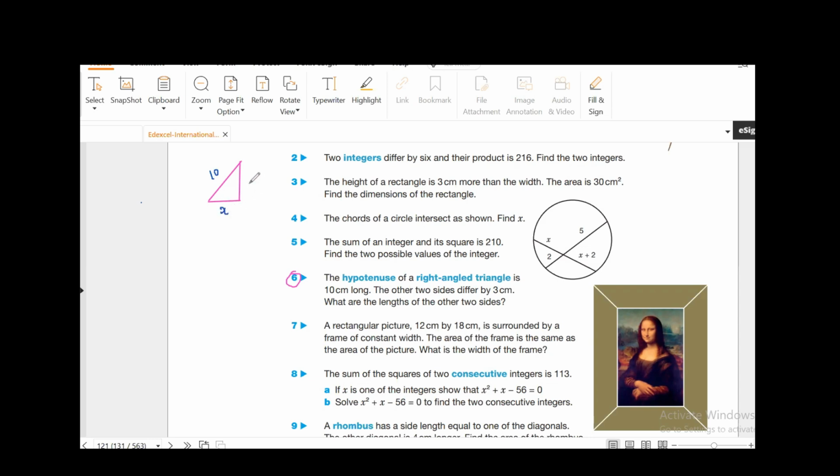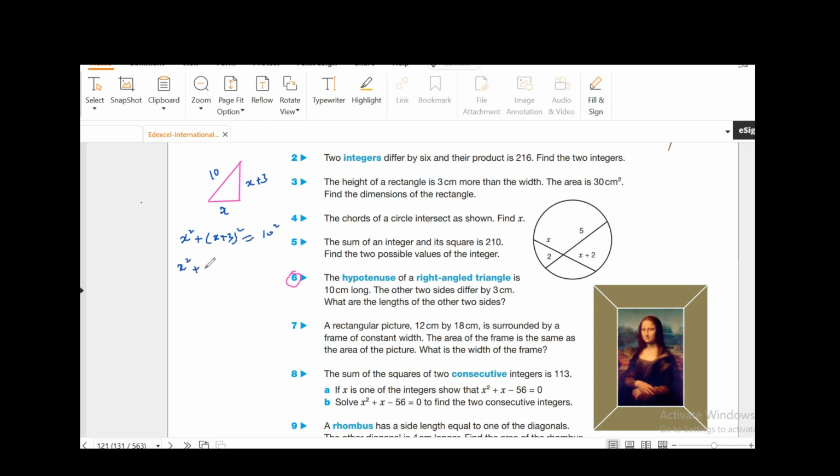Means if this is x, the other is x plus 3. So what are the lengths of the other two sides? We know the Pythagoras theorem says the sum of the squares of two sides is equal to the square of the third side. Means x squared plus (x plus 3) squared is equal to 10 squared.